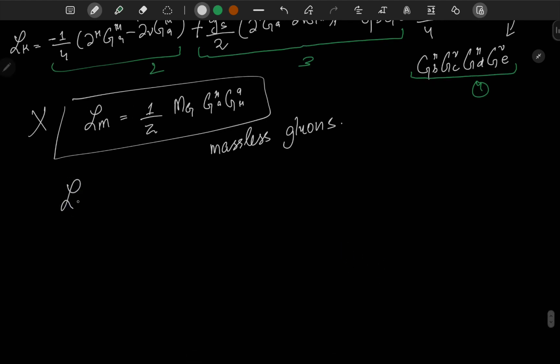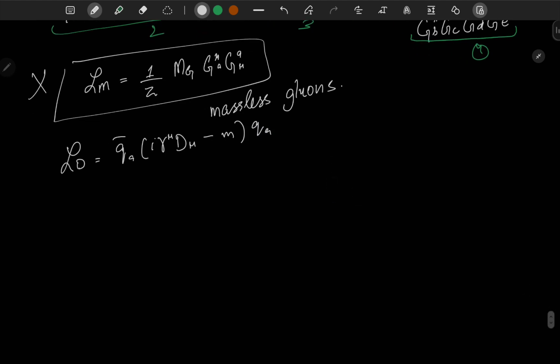Basically we started from the Dirac free Lagrangian, and we used a covariant derivative in order to preserve the local transformations, and then we got the gamma mu d mu plus i gs g mu minus m q bar q.